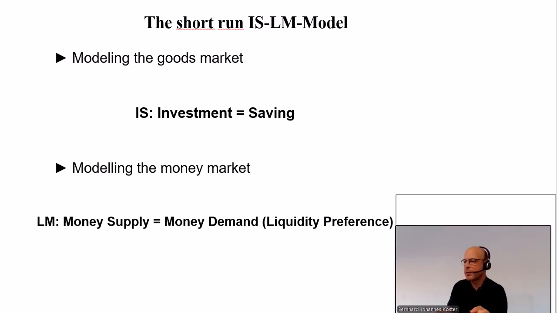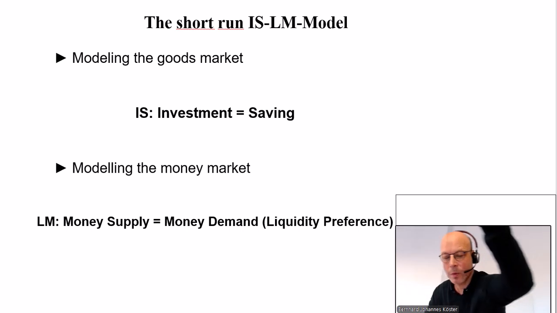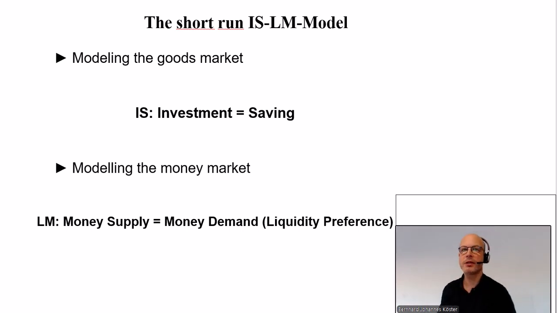Almost everything we are exchanging involves an exchange of money. And looking at these two markets, we then make an assumption about the equilibrium.